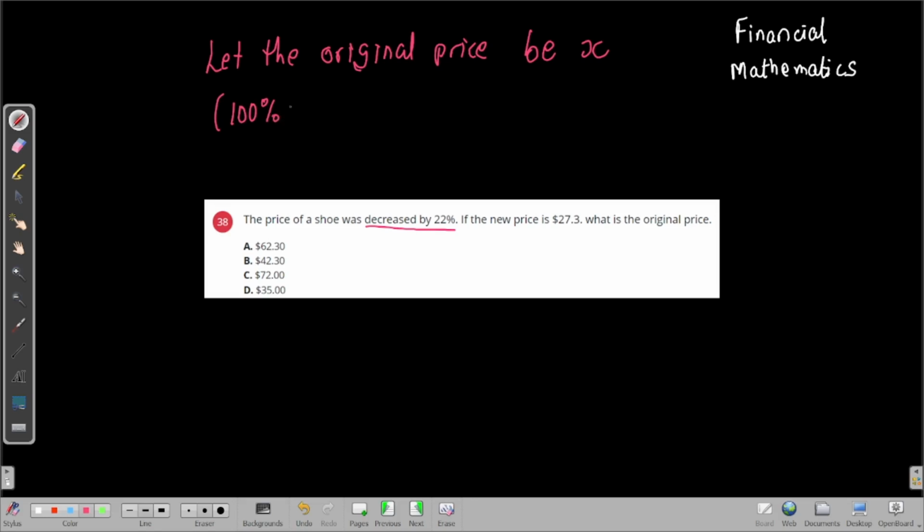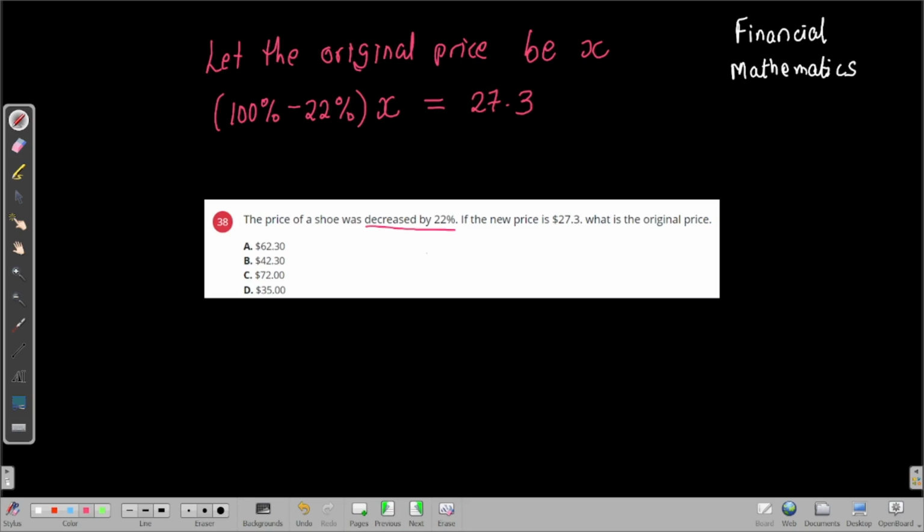So 100% minus 22%, then times the original price. So this value, 100% minus 22% times the original price, is what gives us 27.3.